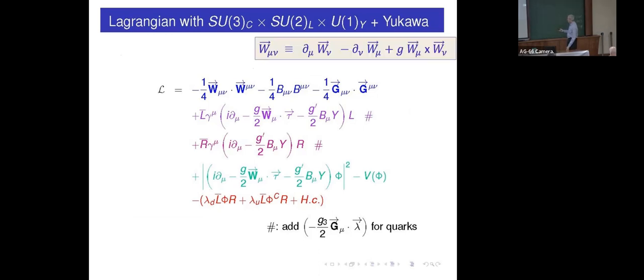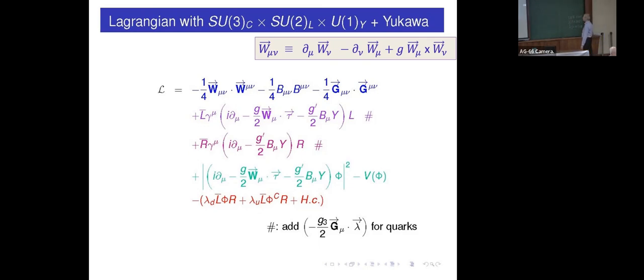These objects, which are called W_μν, are given by this. In the case of the photon, in the case of this U(1), the W × B term is 0, and therefore you only get the familiar terms ∂_μ B_ν − ∂_ν B_μ. So this first term tells us about the kinetic energy of all the gauge bosons that we have, and this term will exist even if there were no fermions in the world.